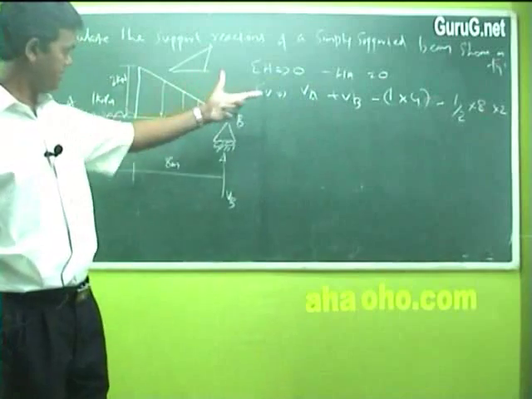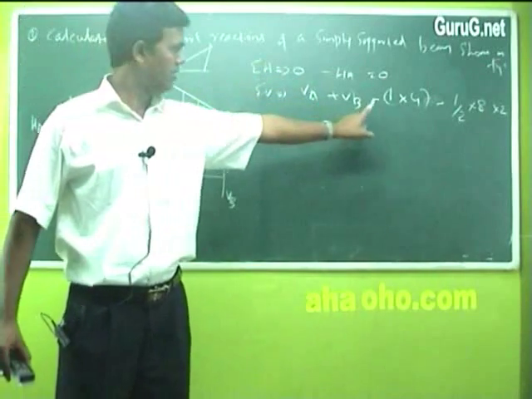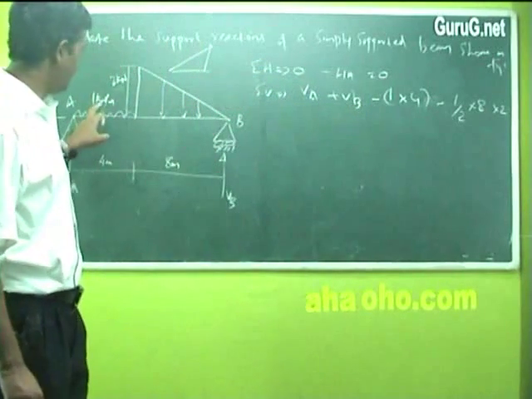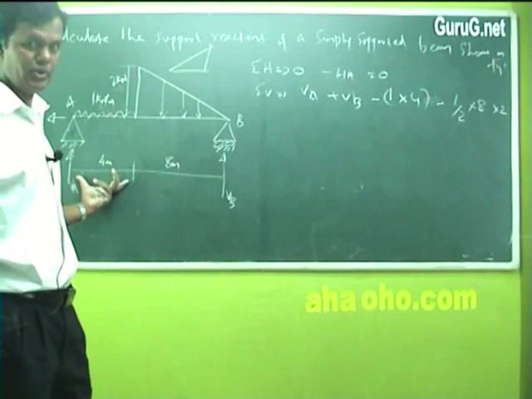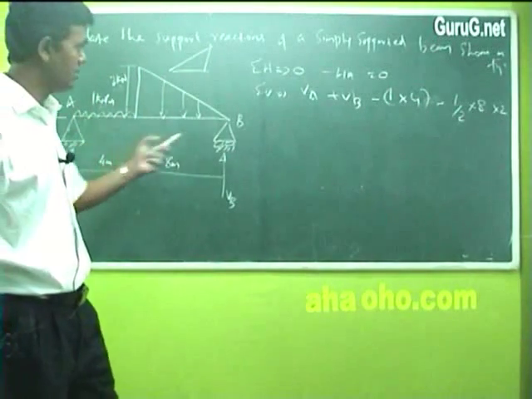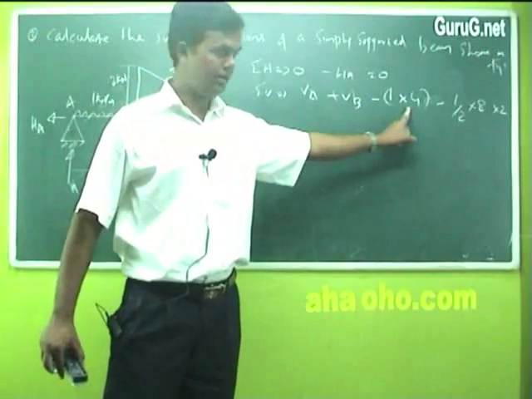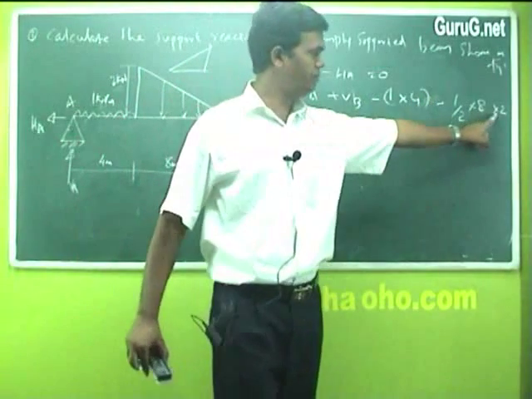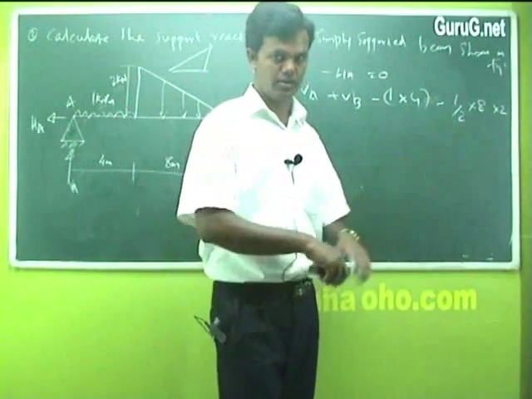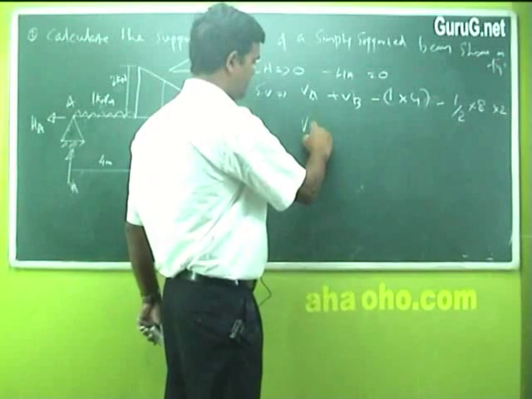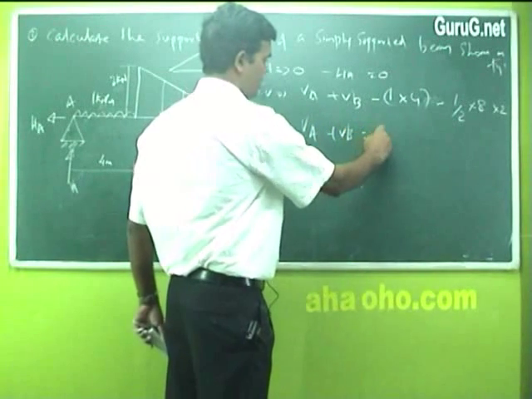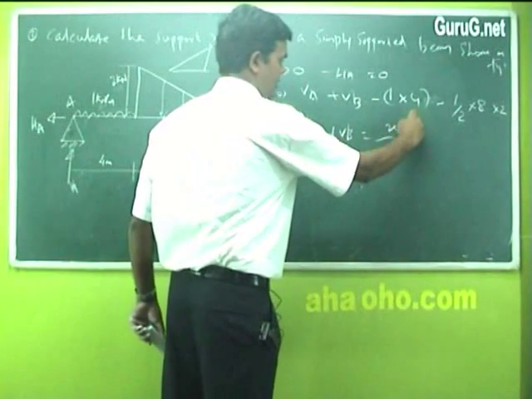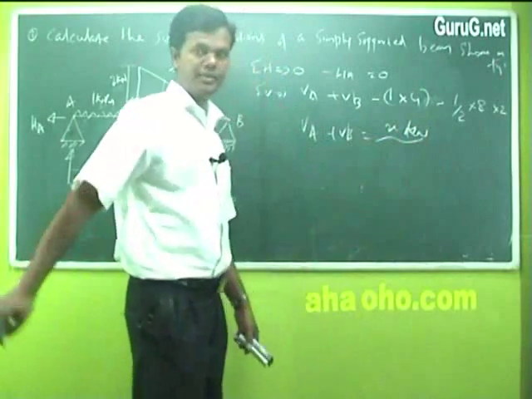VA is acting up positive, VB is acting up positive, minus this 1 kilonewton into the span of 4 meters, the total load, 1 into 4. And again, half into B into H is this total load, right? So you will get a value of VA plus VB, some x kilonewton.